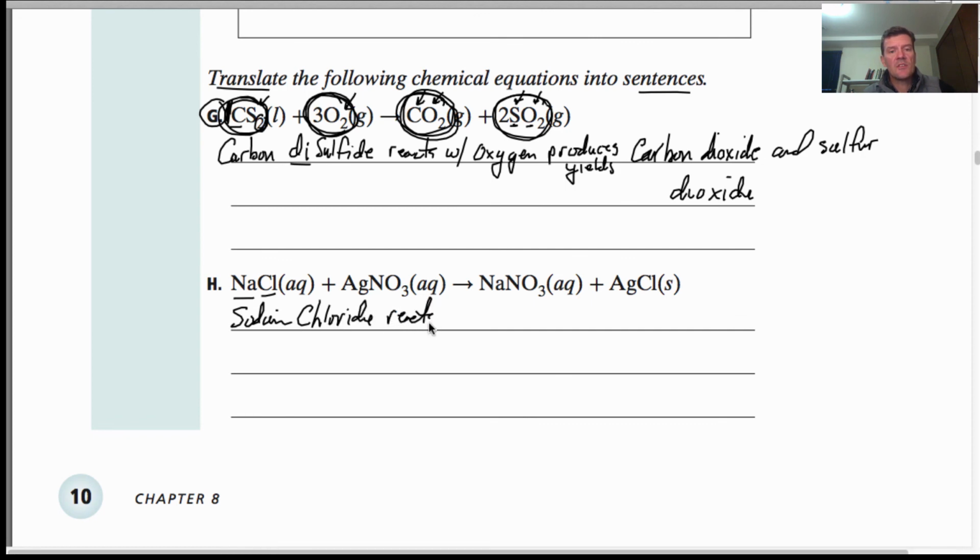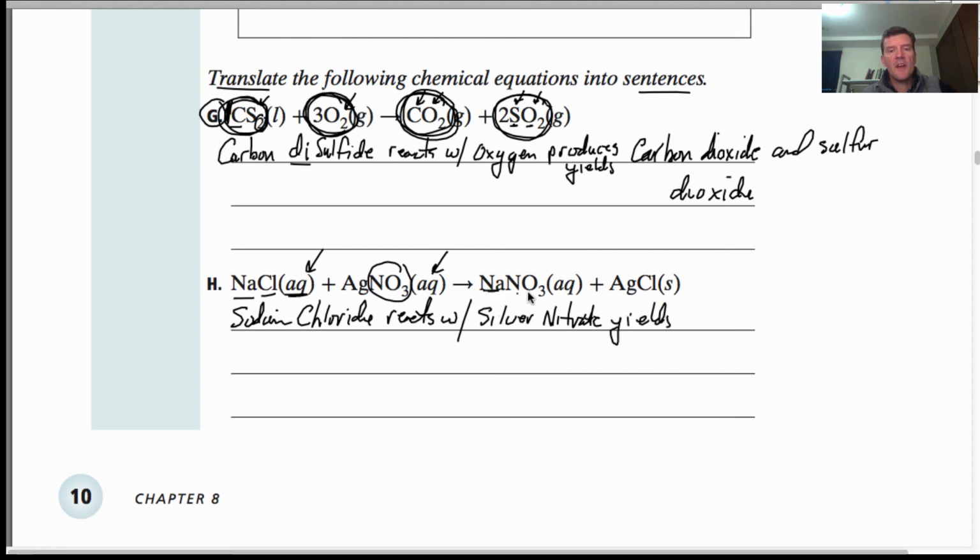reacts with, now you could say a solution, because this is aqueous, a solution of sodium chloride reacts with a solution of silver. Now this you have to recognize as a polyatomic ion, NO3, silver, just look it up, nitrate. Yields or produces what?